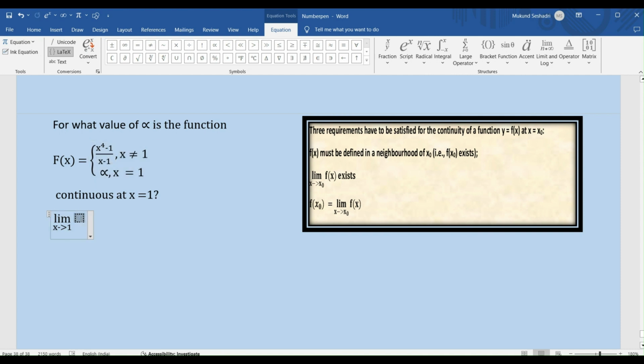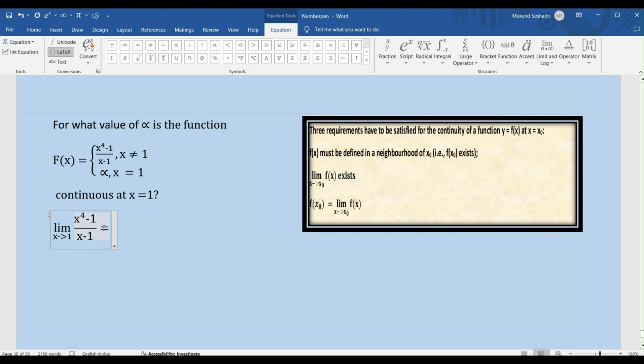And what is my limit is one part of the problem, and we have to remember that we've been given that the function is already continuous, right? And we know that at the point x equal to 1 this function takes alpha, right? So, coming back to limits, what is x to the power 4 minus 1 divided by x minus 1, right?